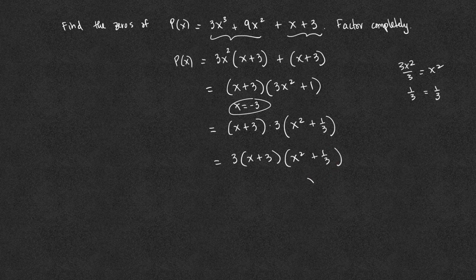Set x squared plus 1/3 equals 0. We have x squared equals negative 1/3, and so x equals plus or minus the square root of negative 1/3. We will rewrite this as plus or minus the square root of negative 1 times 1/3.